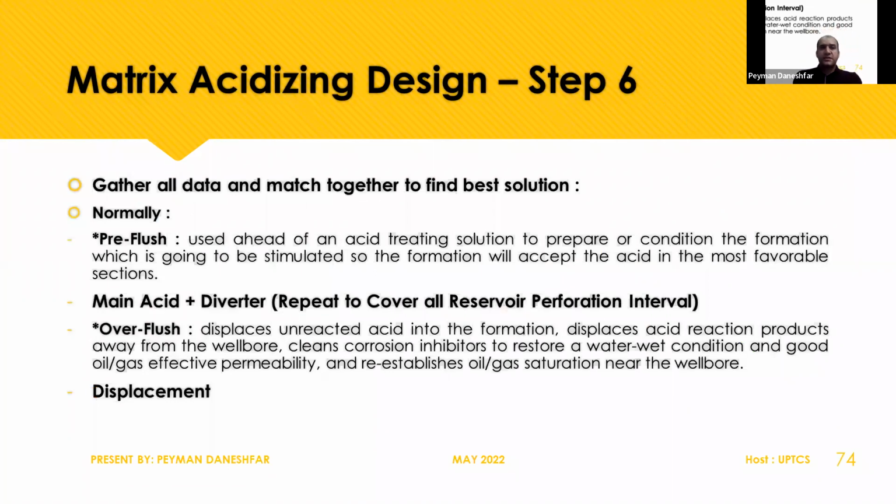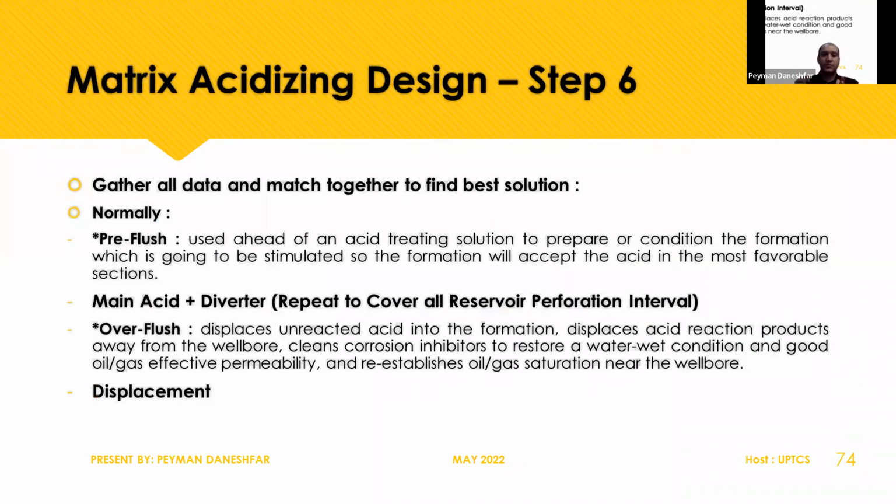Step 6 is that we should gather all data together, and after that we should plan it together. In acidizing, normally we use a pre-flush for step 1, and after that the main acid, and another one for diversion.